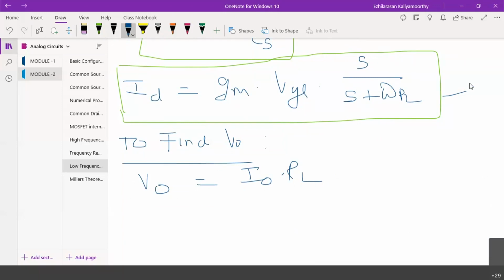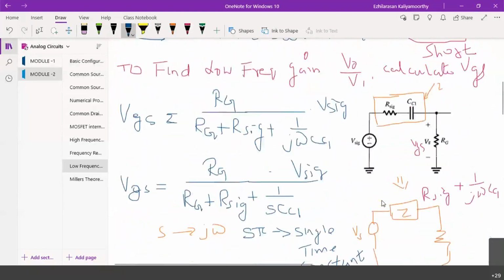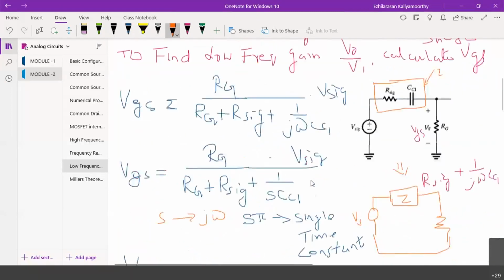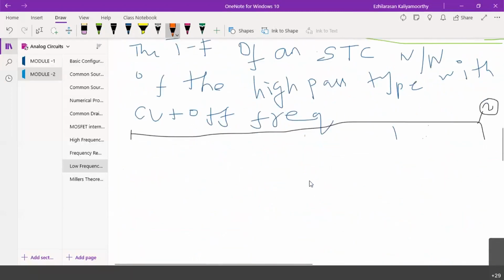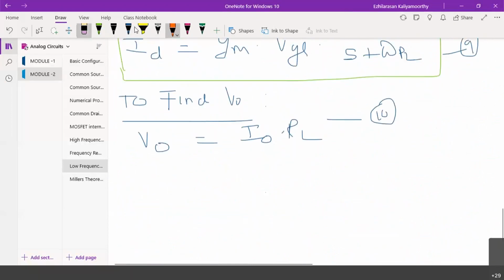This is expression number 9, and this is expression number 10. Now see how it is V0, I0 into RL. See the figure, this V0. The voltage across this V0 is equal to I0 into RL, which is what we have written here.